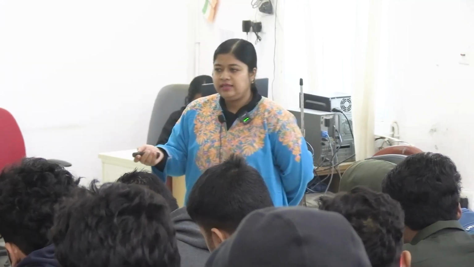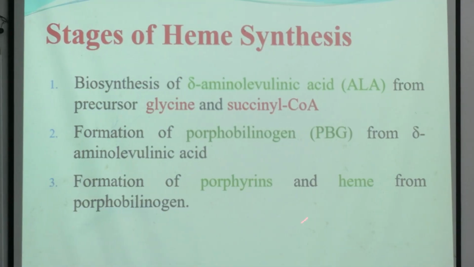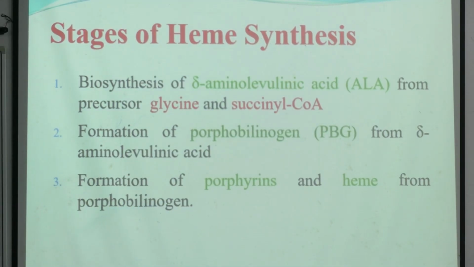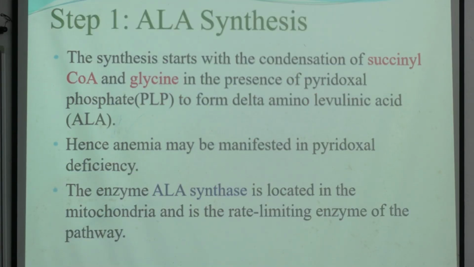So, all the varieties will be produced in the steps and ultimately heme will be produced from porphobilinogen. Okay, clear? So, these 3 are the stages. First to produce ALA, second to produce PBG and then subsequent porphyrins and ultimately heme.